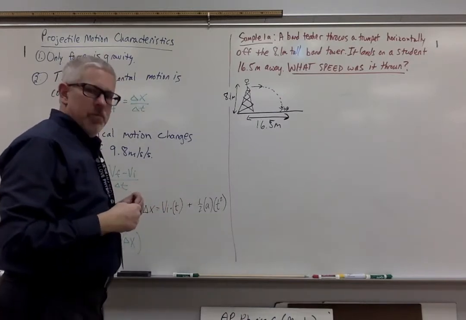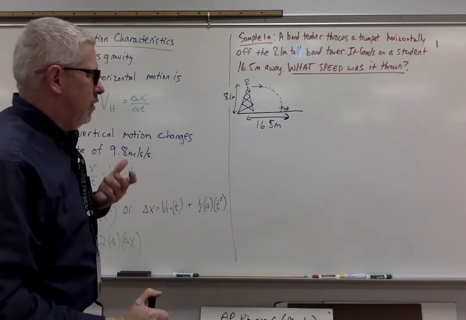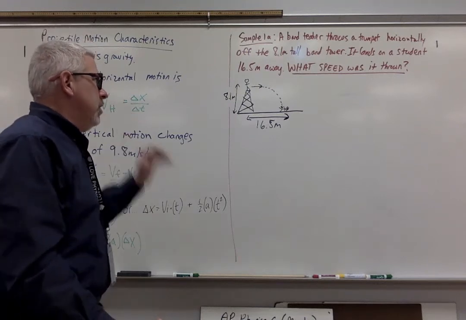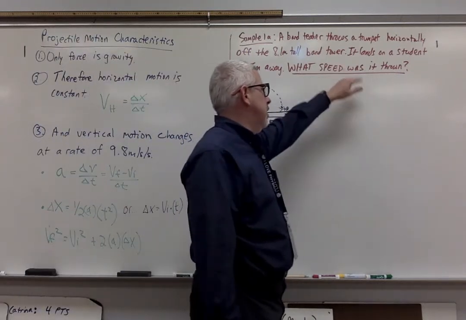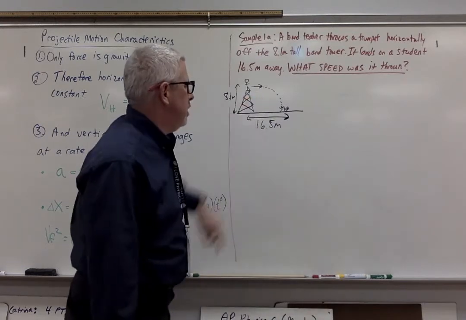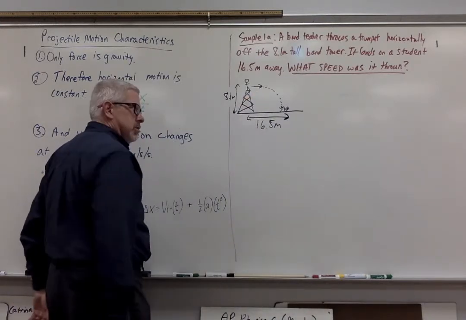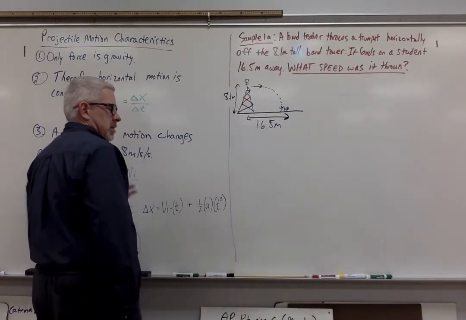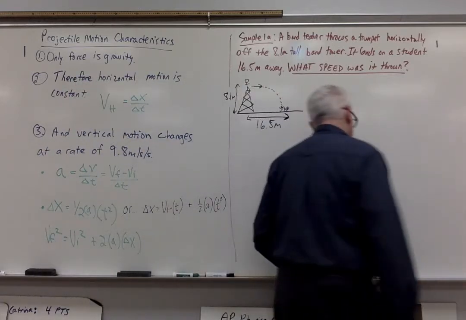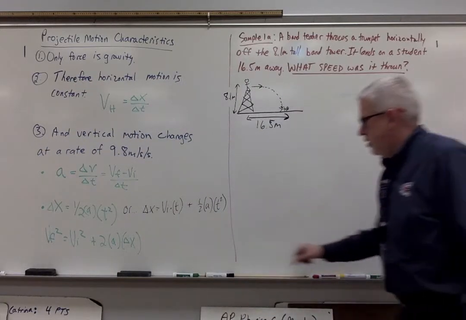It does help me to think about things. One of the things I'll normally ask people is, do you want to start by thinking vertically or horizontally? Well, if we know that the person threw the trumpet horizontally, it makes sense that this initial velocity we're trying to figure out, the speed with which it was thrown, is going to be a horizontal velocity. So you're probably saying, I'm going to think horizontally first. Good call.